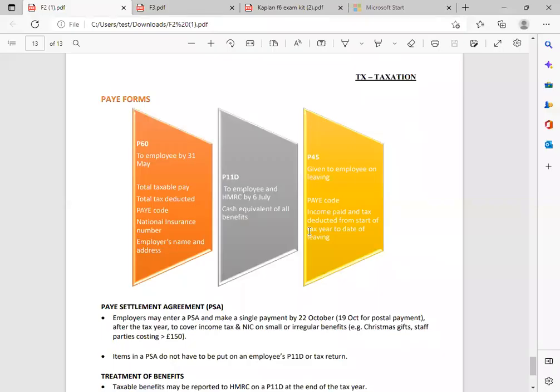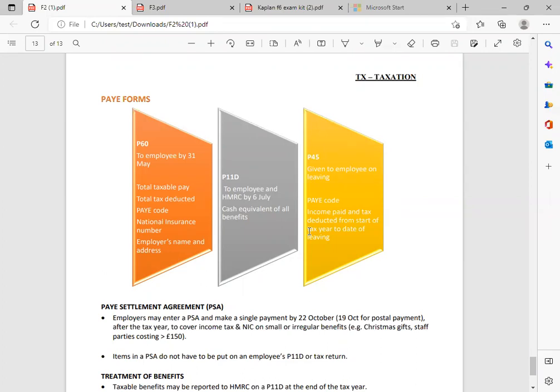Here it is in the yellow box. Given to employee on leaving. This is the form, Jason. Form 45 will show Jason's taxable earning and his income tax calculation up to the date of resignation, which is 14 March 21, together with the tax code.